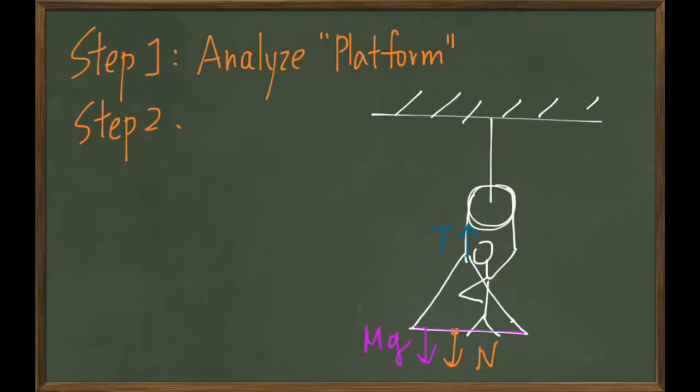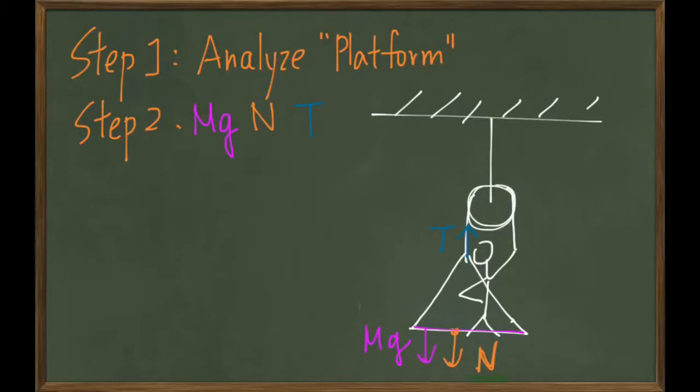Okay, and then we have a normal force right here. I'm going to write it right here. So we have the gravitational force, big Mg, N, and the tension force T right here. Alright, let's first look at this normal force right here.